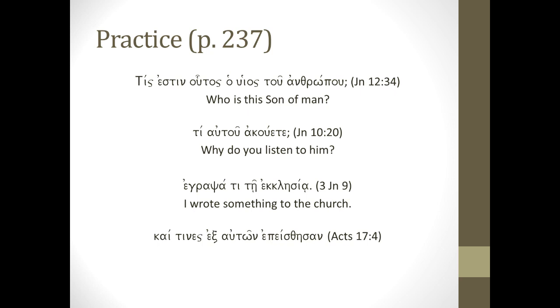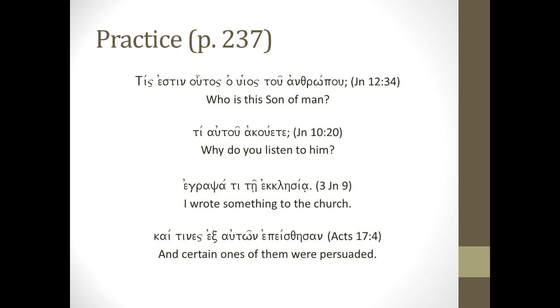I know that this is, looking at the paradigm on 236, a masculine or feminine plural, or neuter. And so I would translate this as either and certain ones of them, or certain men of them, or certain men among them were persuaded. I would say in this translation, and certain ones of them were persuaded.